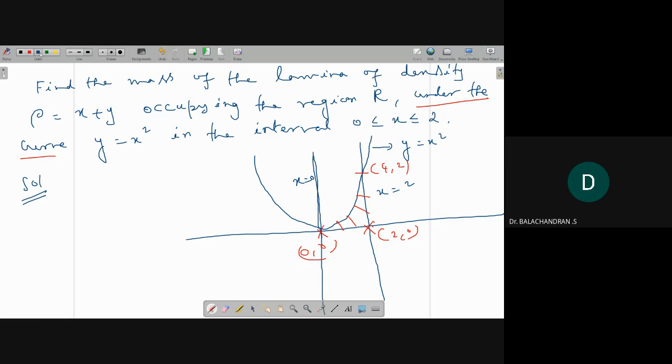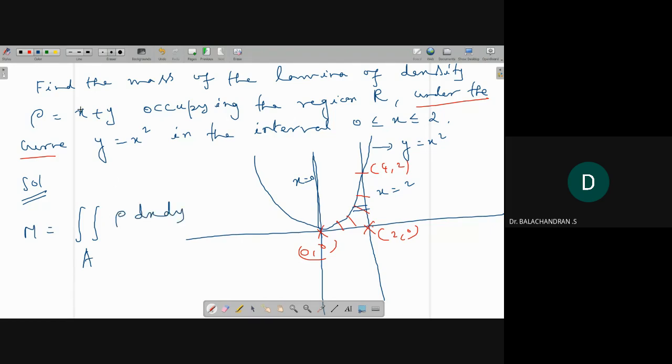If you take a strip parallel to x-axis, for mass, what is the formula? Double integral over A of rho into dx dy.